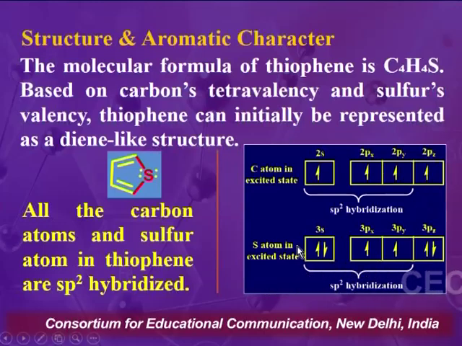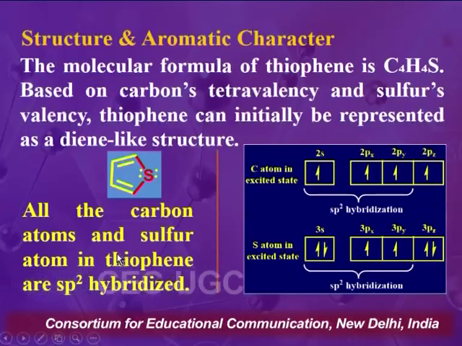In a similar way, we are considering the electronic configuration of sulfur atom in the excited state. So there will be 2 electrons in the 3s orbital and 1 electron in 3px orbital, 1 electron in 3py orbital and 2 electrons in 3pz orbital.